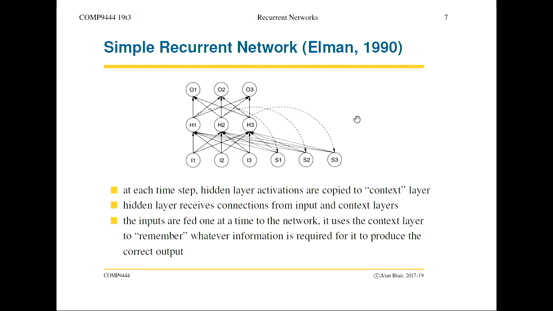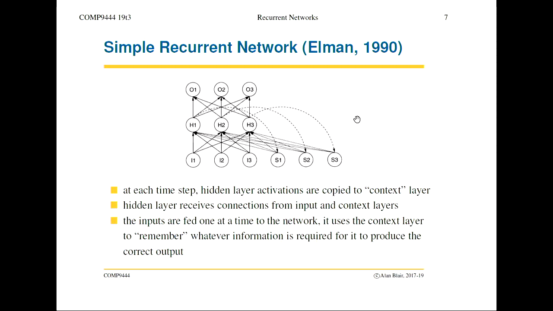So then we move on to simple recurrent networks. This was an attempt to build a network which could retain information for a large number of time steps. It's called a simple recurrent network, or sometimes an Elman network, after Jeff Elman who introduced them.